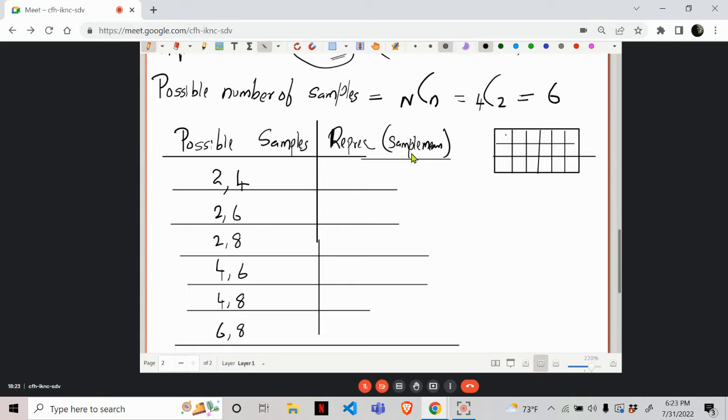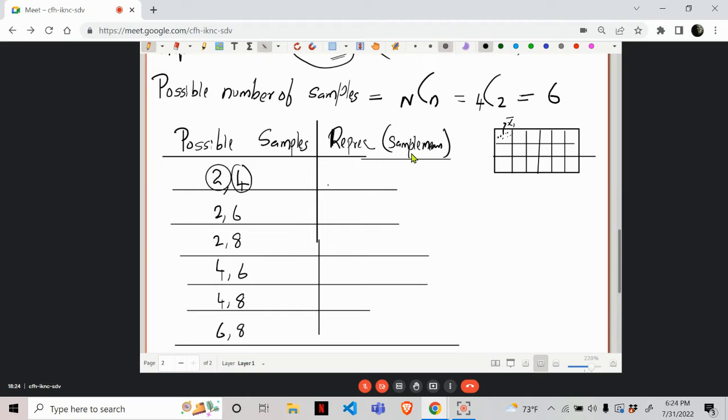Do you remember I told you last week that the person who collects data will not report the data itself, but will give you the arithmetic mean? So what will the person who collected the information 2, 4 report?